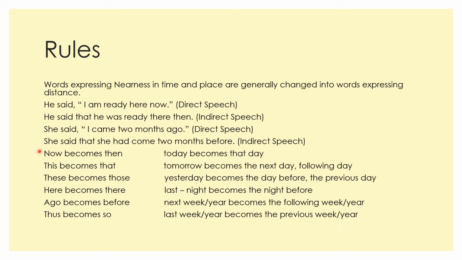So children, you are supposed to study all these words expressing nearness in time and place, how they are changed into words expressing distance. So all has to be studied. This is another rule for changing from direct to indirect speech.